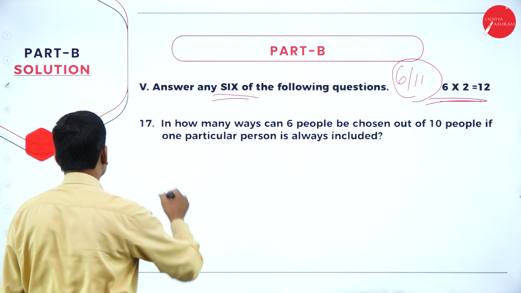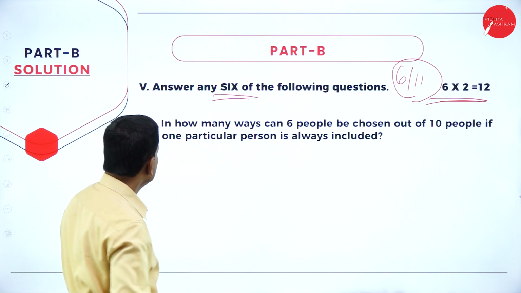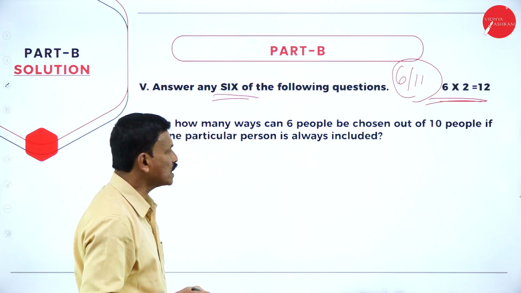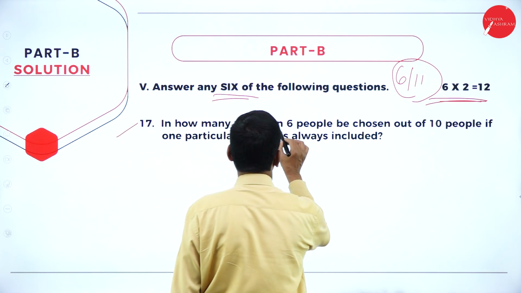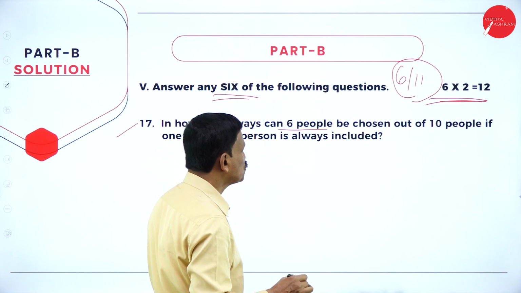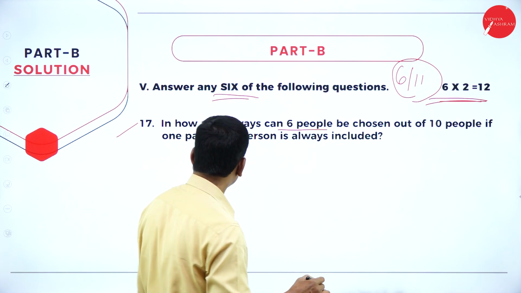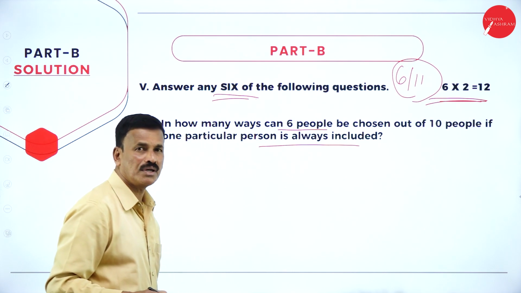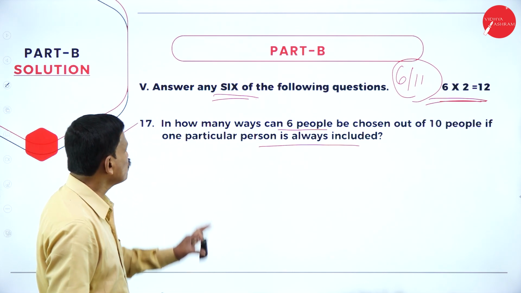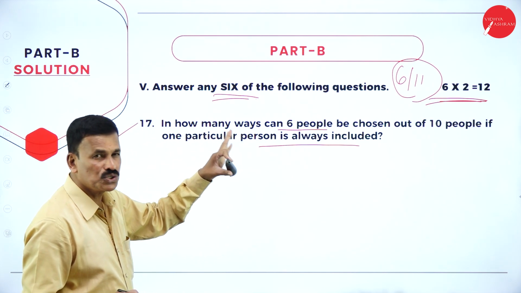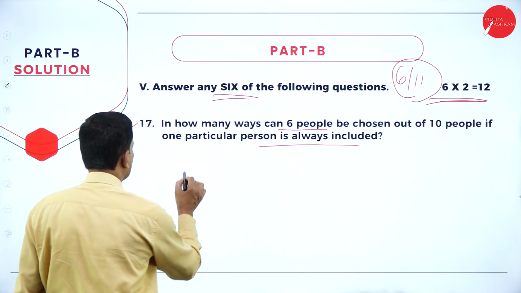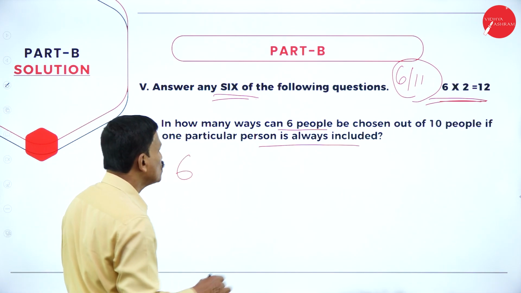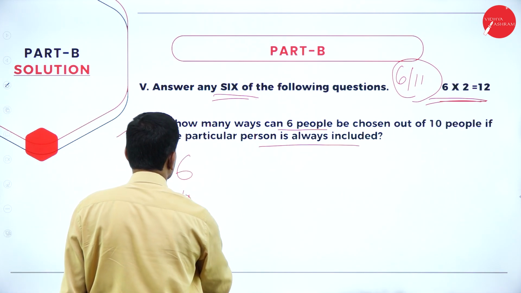What is the first problem? In how many ways can 6 people be chosen out of 10 people if one particular person is always included? What is the condition given? We are going to choose 6 people from 10.